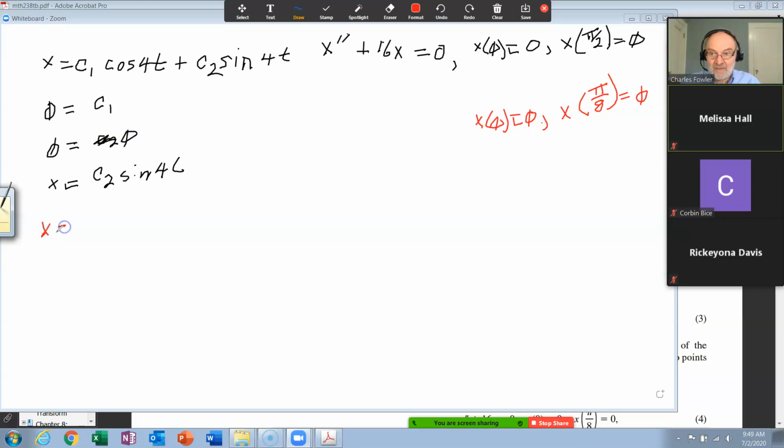X equals C1, which you've already determined to be 0, plus C2 times, now when you plug pi eighths in for t, 4 times pi eighths is pi halves, and sine of pi halves is 1.